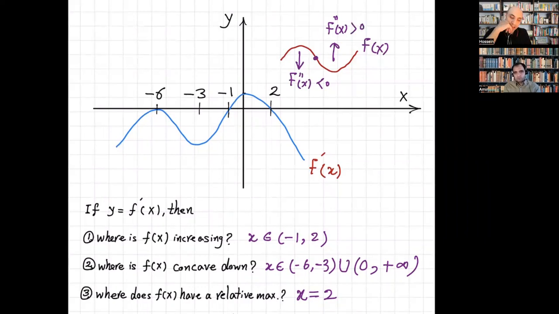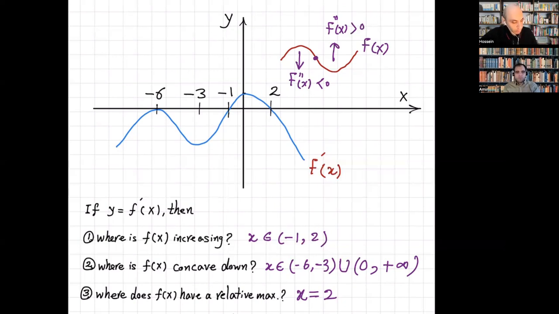So that's where we need to look at the f prime of x and see where we have a change in the sign of the second derivative. Exactly. Since the blue curve is f prime, the slope of that is f double prime, and you look at any interval where you have a change of the sign of the slope on the blue curve.